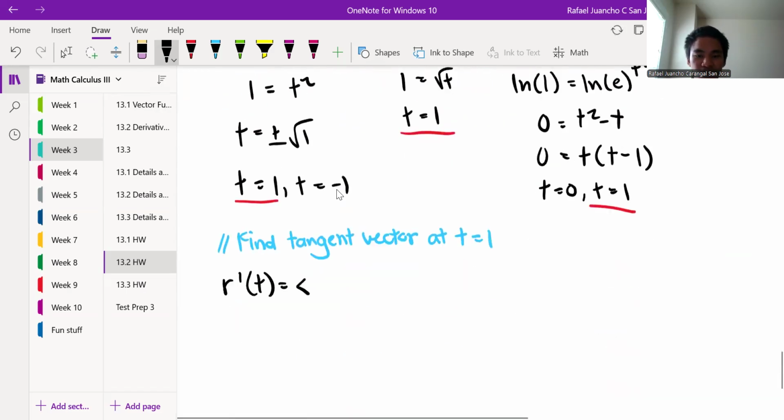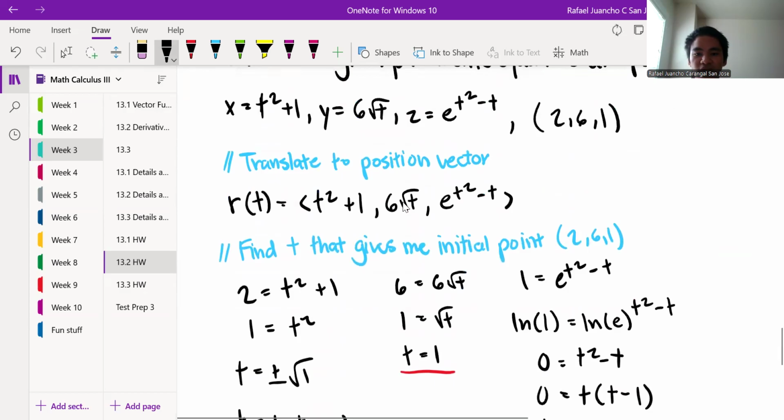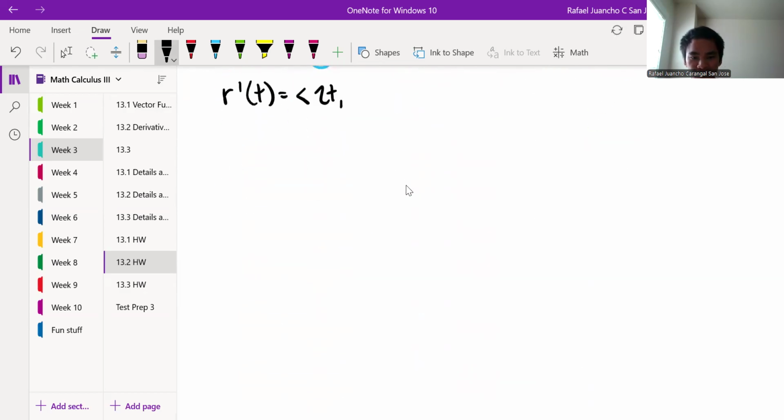So I have 2t for my x component. For my y, the derivative: here I can say this is equal to 1/2, t to the 1/2. And here I can bring it down. So I get 6 times 1/2 t to the 1/2 minus 1, so that's negative 1/2.